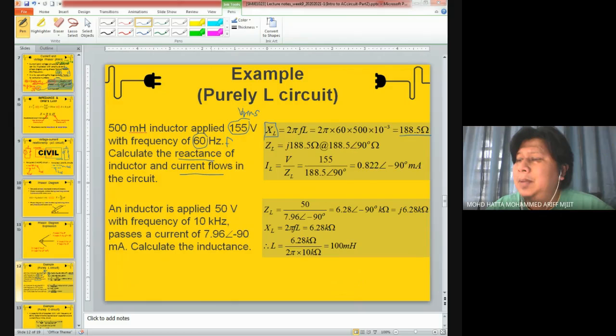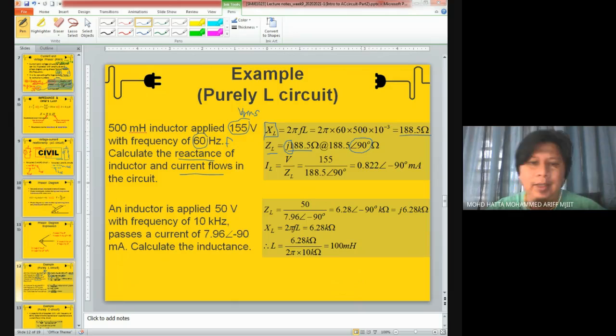And remember, since this circuit only consists of an inductor, ZL is given by jXL. So remember, for XL, the j here is always positive. And since the imaginary operator here is positive, you will have a positive 90 degrees.